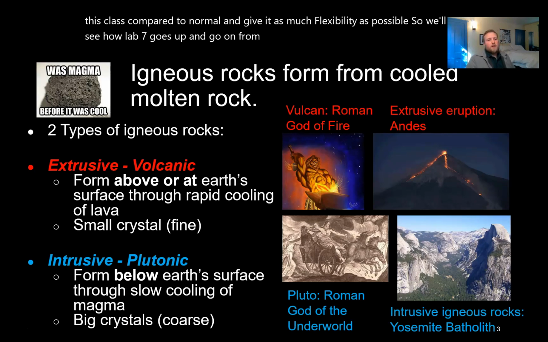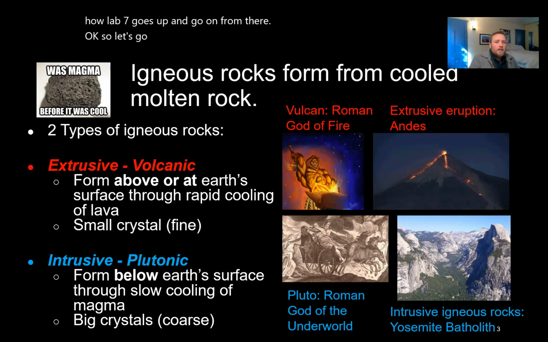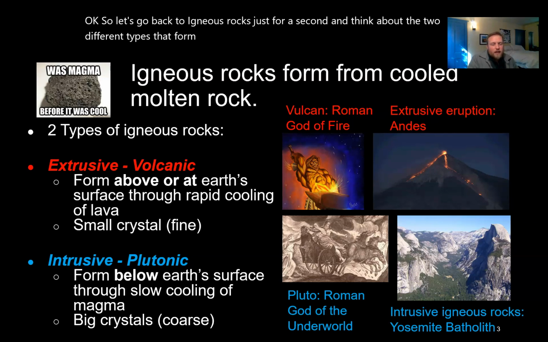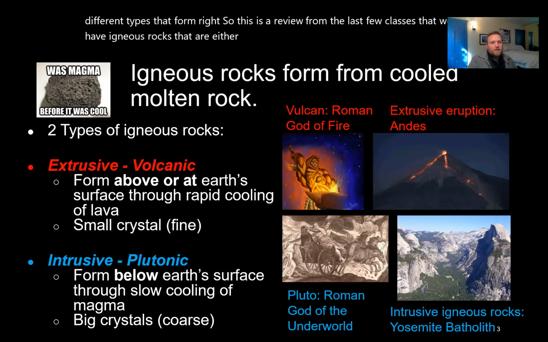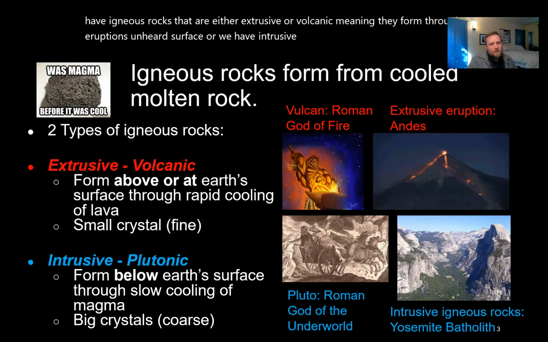Okay, so let's go back to igneous rocks just for a second and think about the two different types that form, right? This is a review from the last few classes: we have igneous rocks that are either extrusive or volcanic, meaning they form through eruptions on Earth's surface, or we have intrusive or plutonic rocks, those which form below Earth's surface, right?